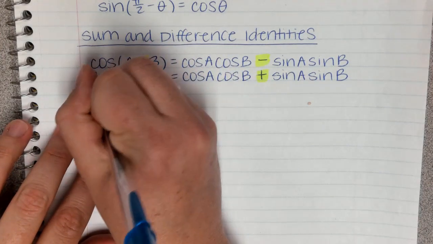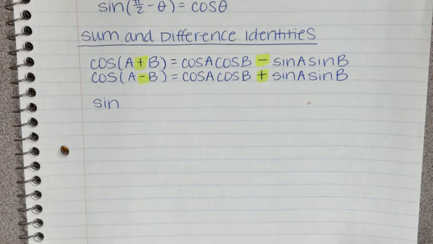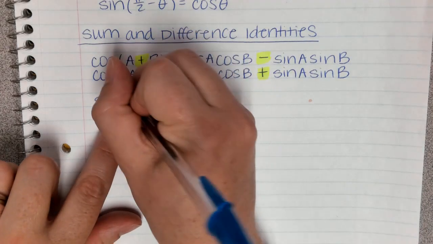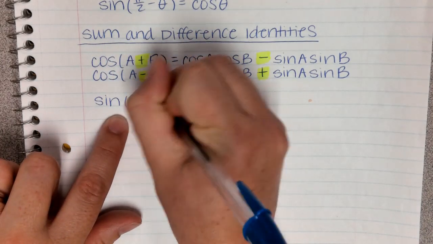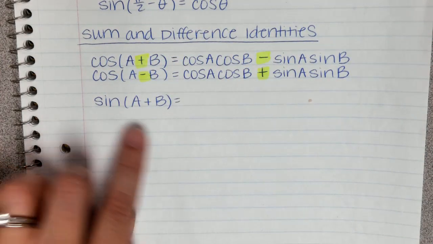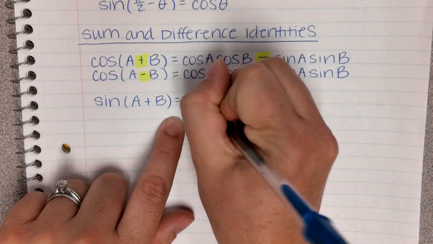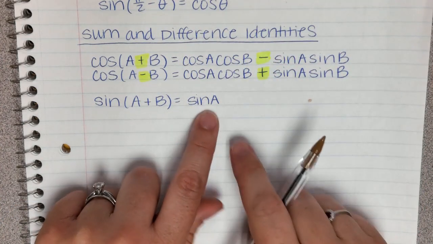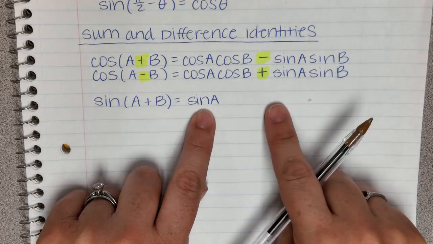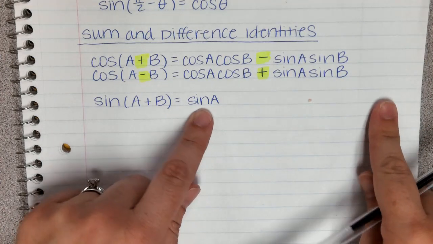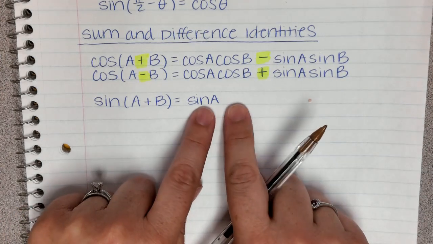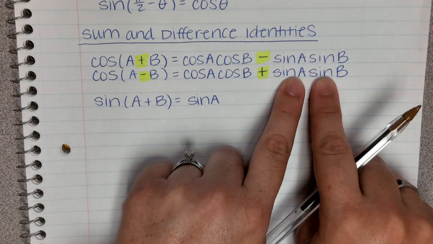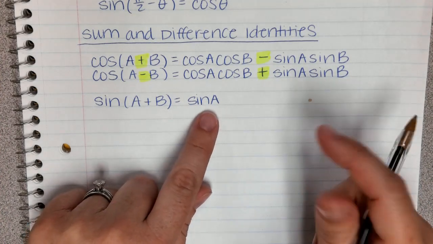I also want to go ahead and put the formulas for sine up here. So the sine of A plus B is equal to the sine of A. Do you think it would just be sine A sine B minus cosine A cosine B? No, because if I did sine A sine B, then I'd just be using this identity up here. So actually for sine, we're going to switch it up.